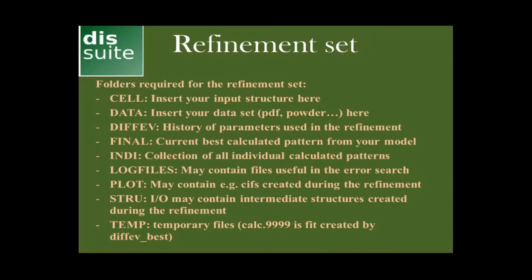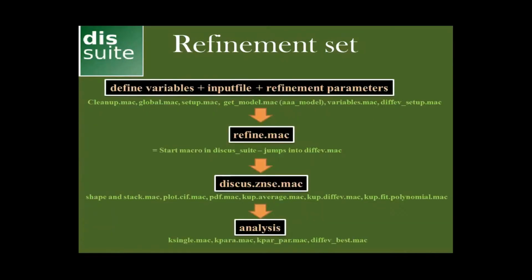Those are folders which will store parameters and fits created during the refinement, and they will be used as an analytical tool mainly. For example, the temp folder will contain the output of the diff_best macro, which is quite useful for looking at your best fit of your current refinement.